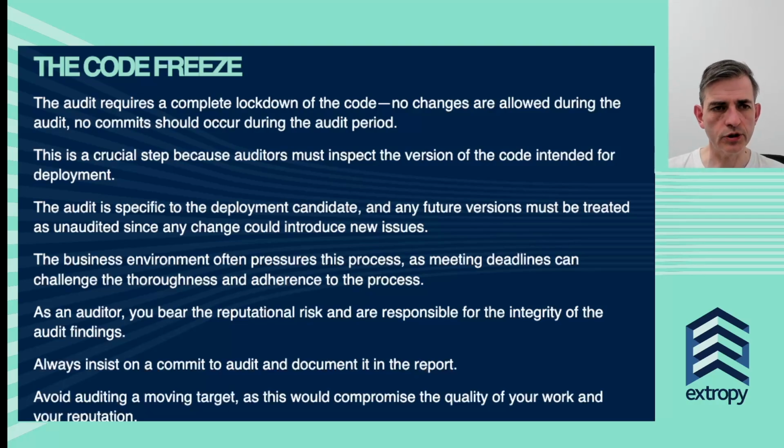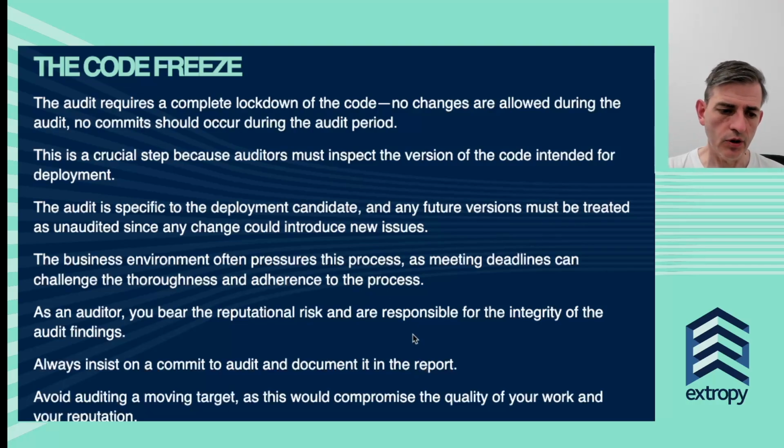And really, you should see the audit as being very much the final part of the development process. So it should be there when everything else has been done. If there are extra changes to be made, it is better that you delay the audit and then come back when the code really is complete and they have added everything that they want.